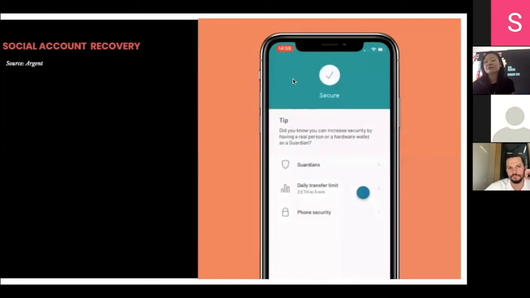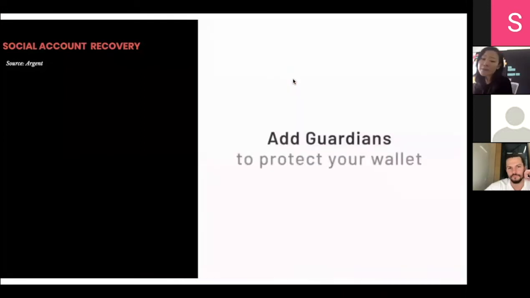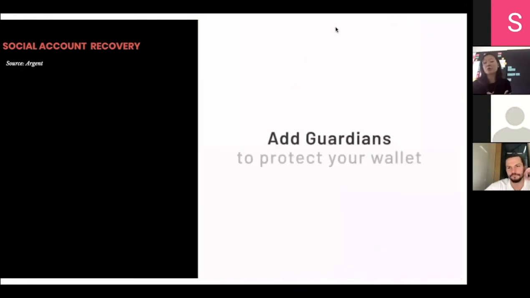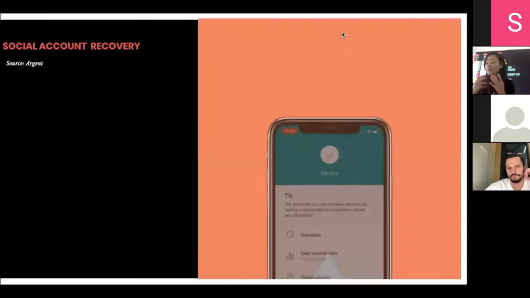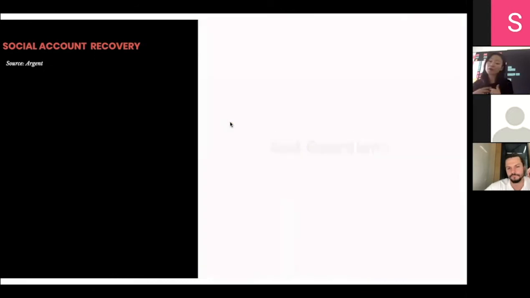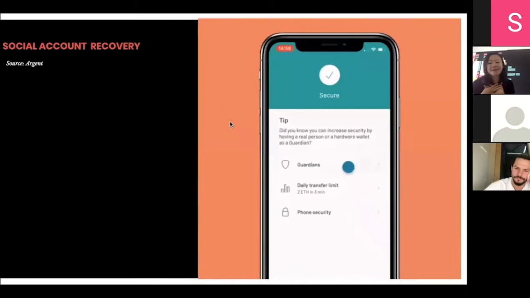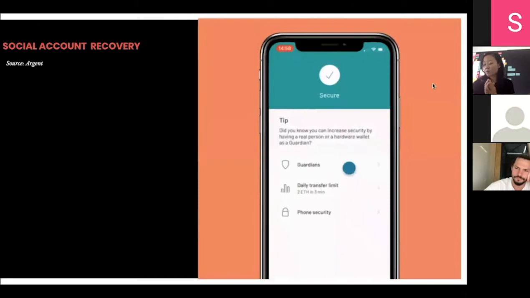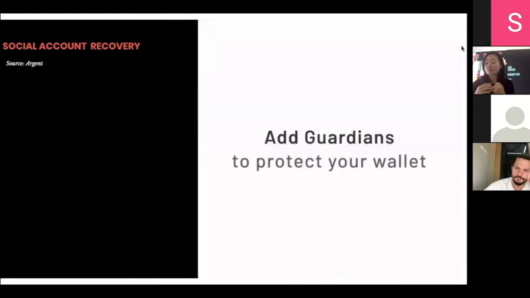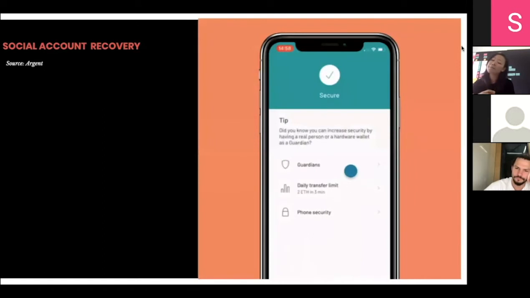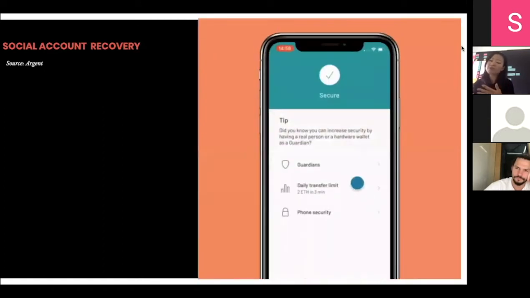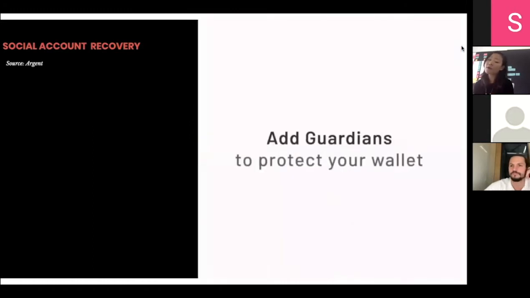Another cool concept to look at is social account recovery by Argent. What I really love about this metaphor is that you actually appoint friends or family to be your guardians of your wallet. And what this means is that if you ever lost your keys or you were locked out of your account, you can nudge your friend or family through other means like WhatsApp or face-to-face to verify and unlock your account.